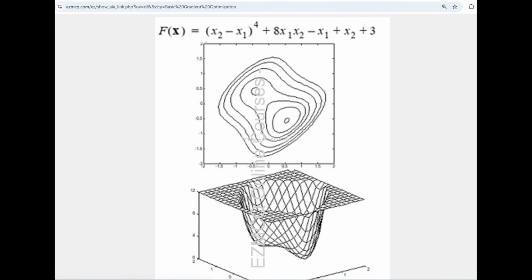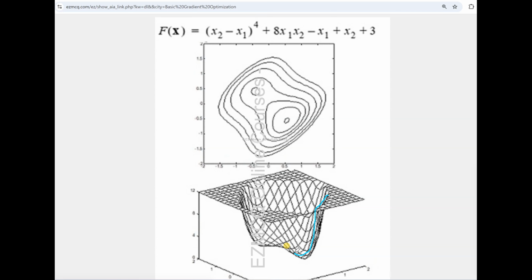The optimization trajectory is how we move on this. Say we move like this, or go like this, and this is the optimization trajectory, right?